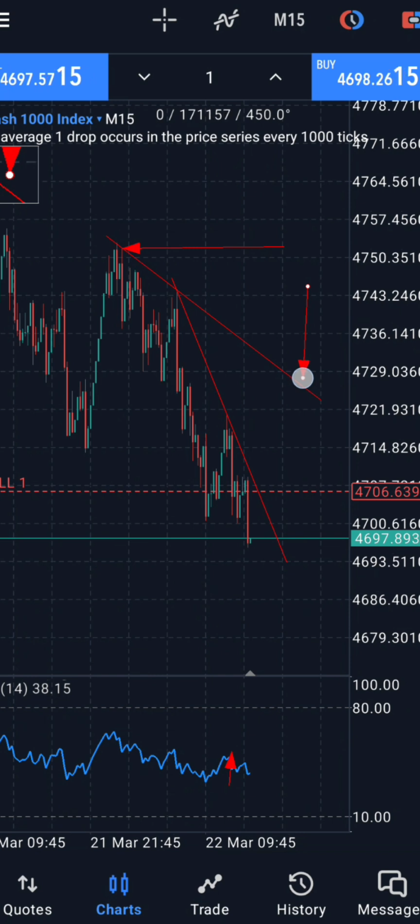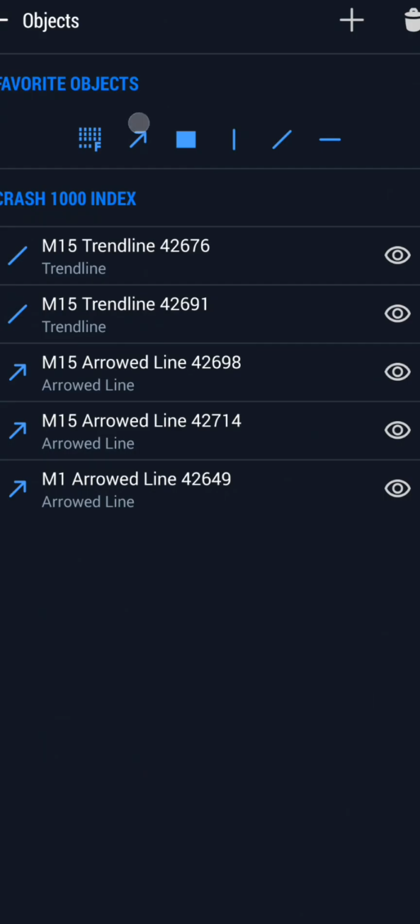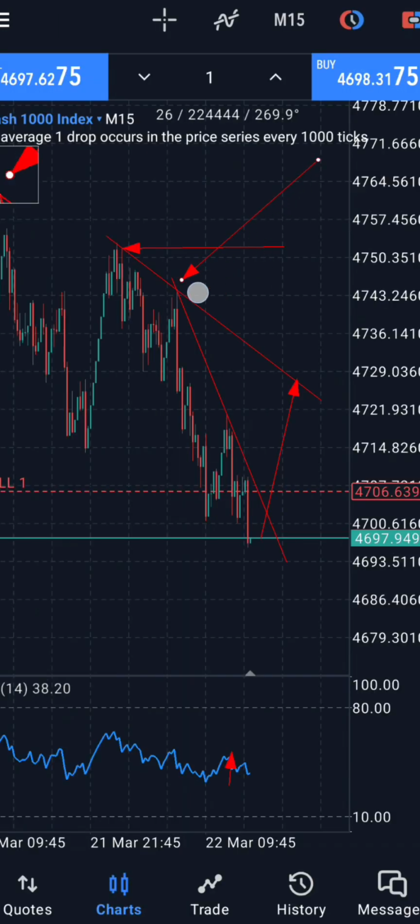Remember, we are on the 15 minutes time frame. If there will be a pullback, it's going to pull back from this level to this level, just to fulfill what is happening at this resistance level. But with what we're seeing on the screen, the next pullback is not going to get here.